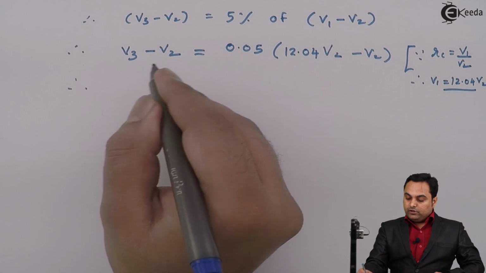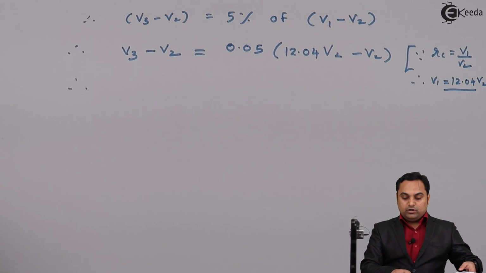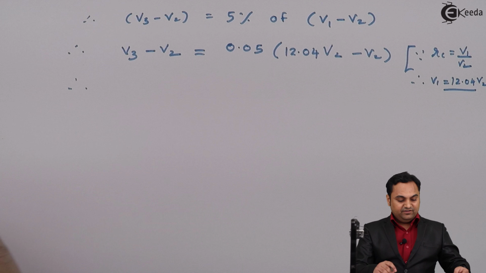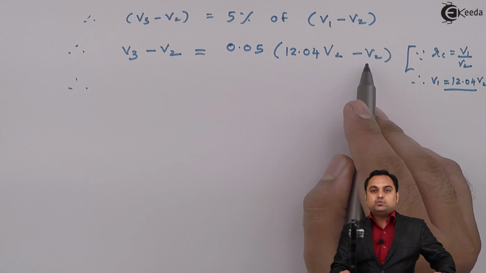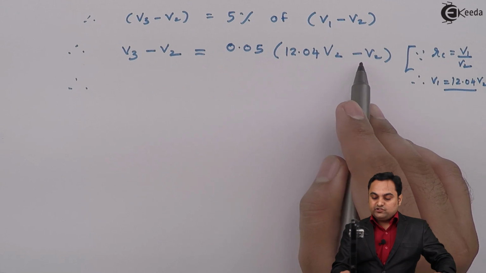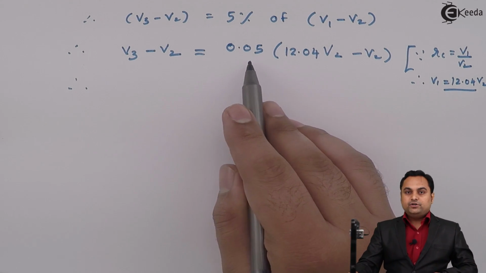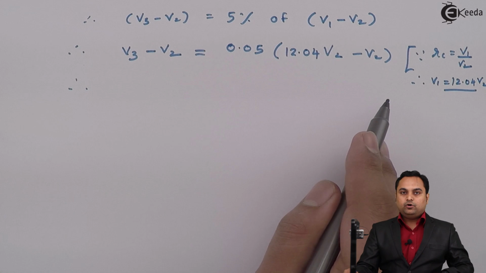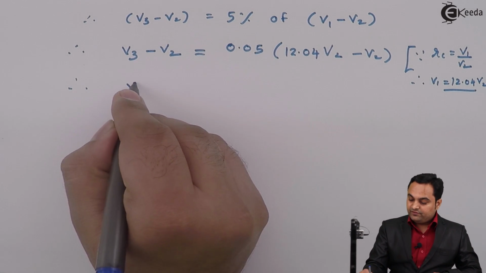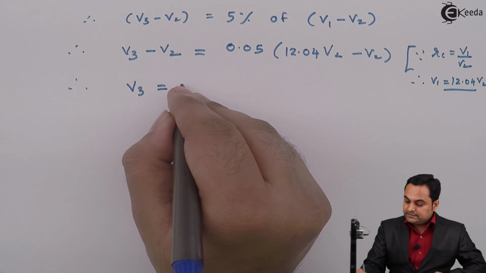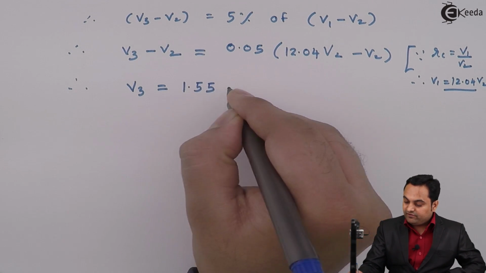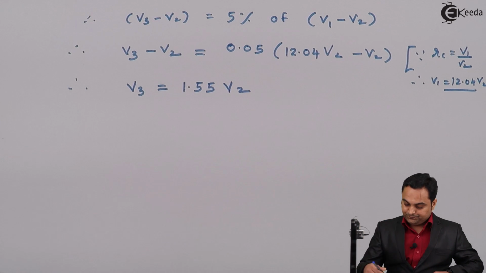Now from the calculation throughout, I will get it in this way: 12.04 minus 1, which is the coefficient of V2, multiplied by 0.05, then this V2 would be sent onto the other side, it will become positive. So V3 will be in the form of V2, and the answer is, it is 1.55 times of V2.